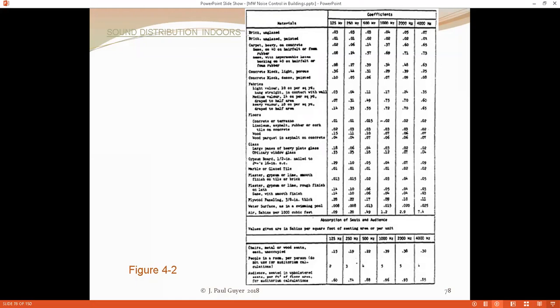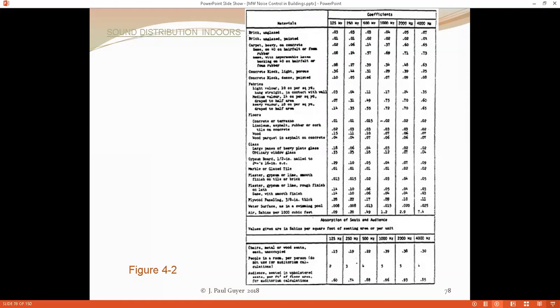This table here illustrates this fact. You have different frequencies indicated from 125 to 4,000 hertz, roughly the part of the acoustic spectrum where the human ear is most sensitive.